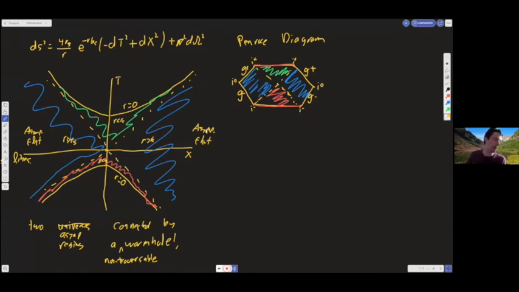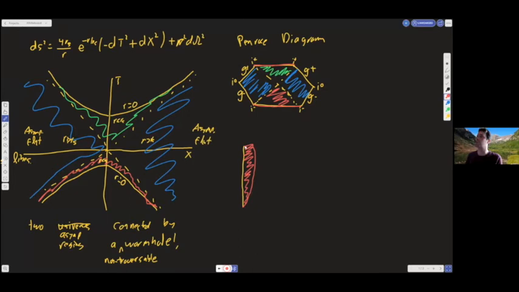Now let's draw the Penrose diagram for gravitational collapse. Actually, I'm going to draw two different diagrams. I'll first draw the diagram where we collapse some massive matter, like a star. So maybe here's a star. It undergoes a supernova. Its core collapses.